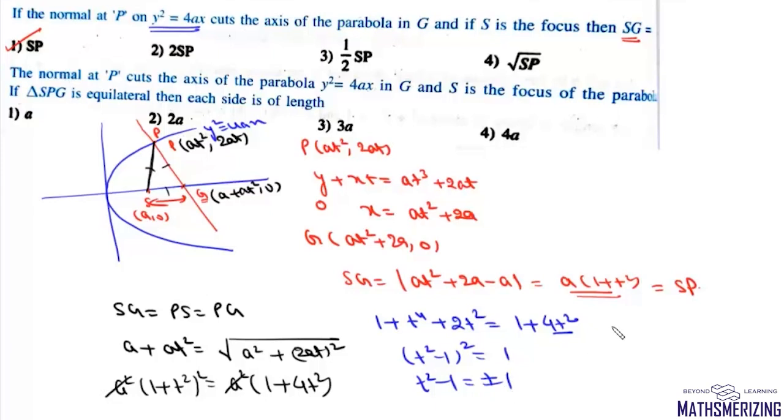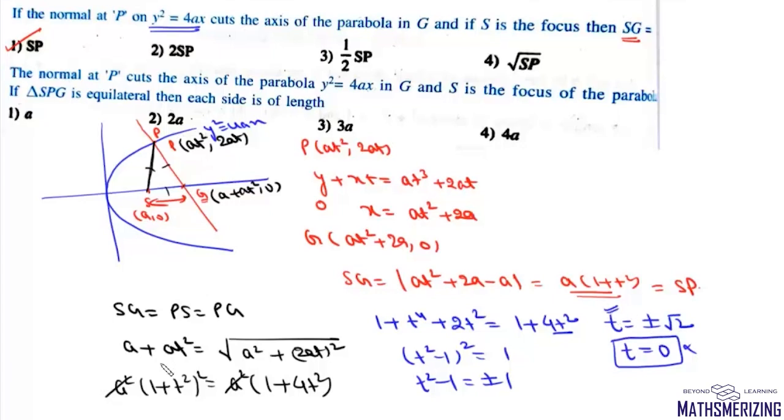So we'll take plus 1. Then we'll get the value of t as plus or minus root 2. And if we take minus 1, then the value of t will be 0. If t is 0, it won't form a triangle. So the value of t should be plus or minus root 2.